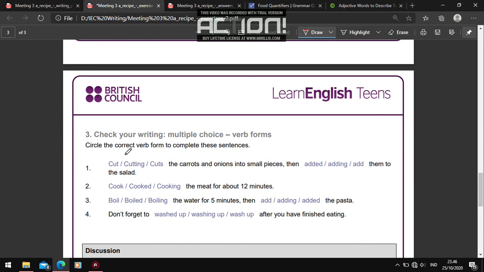So that's why number one should be only cut. Cut the carrots and onions into small pieces. Then add them to the salad.